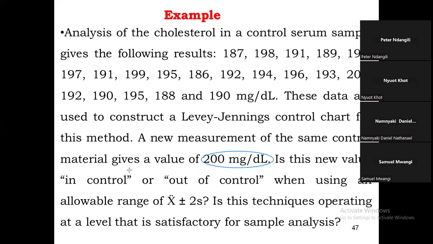Is this value in control or out of control? In other words, is it within the Jennings control chart? When using an allowable range of mean plus or minus 2 standard deviations, is this technique operating at a level that is satisfactory to this sample analysis?